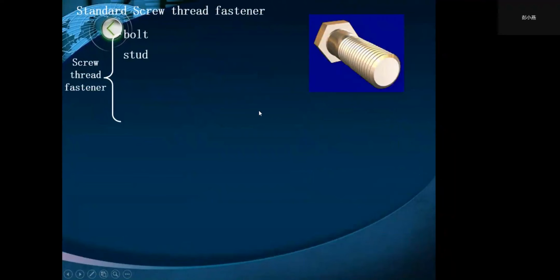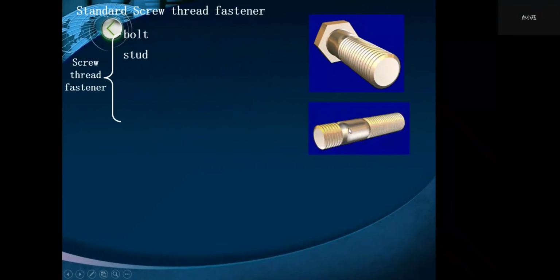And for the fasteners, the bolt is a bar with a thread for a nut at one end and a head at the other. Bolts are used for bolted joint, as shown in figure 3.3a on page 64 in your book.